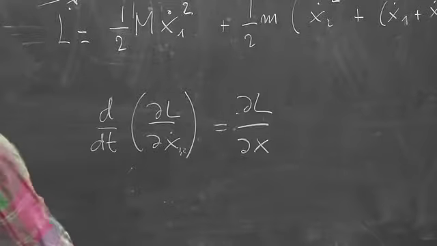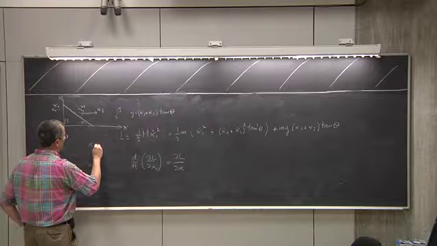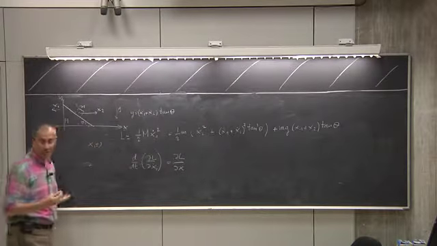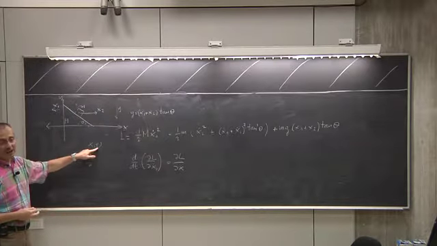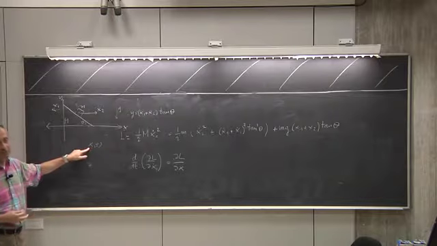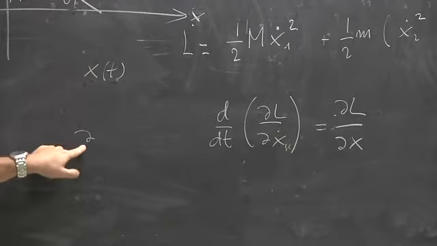If I take the partial derivative, so say you have x of t, for instance, a trajectory. If you take the partial derivative with respect to time of x of t, what is that? No, take the partial derivative.